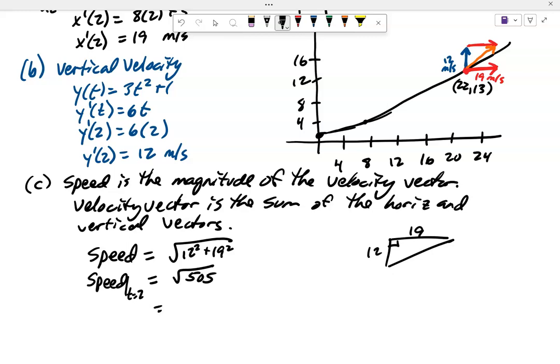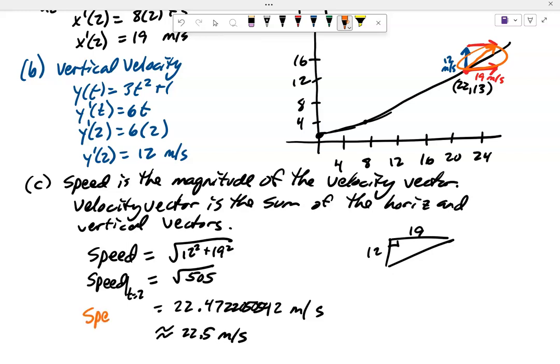So punch that in, 22 point, let's see here, 4722050542 meters per second. So it's about 22.5 meters per second. That's this orange one right there, right? That's your speed when t equals 2.